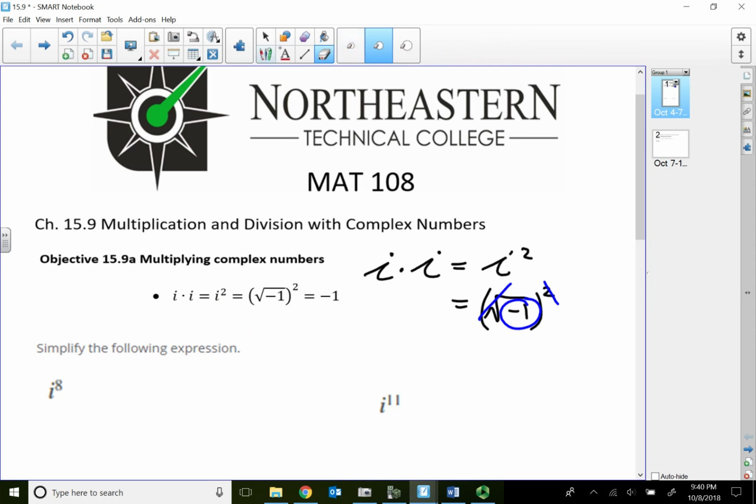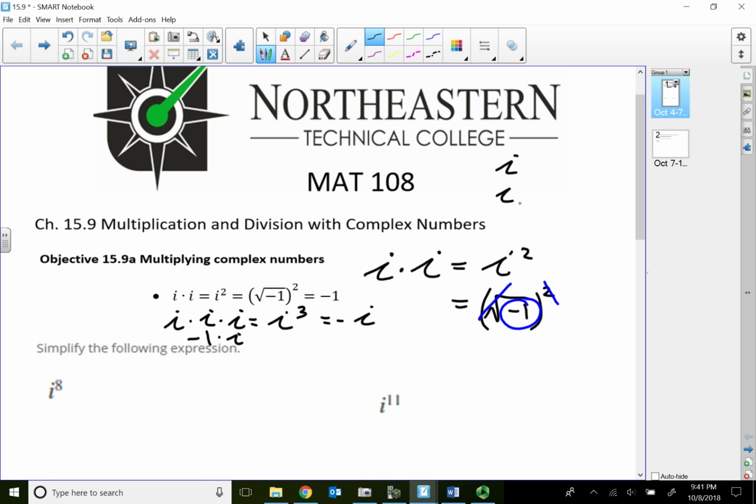That being said, what happens if we have i times i times i, which is i to the third? Well, the first two, i times i, already give me -1. So this is -1 times i, which is -i. So far, i to the second is -1, and i to the third power is -i.